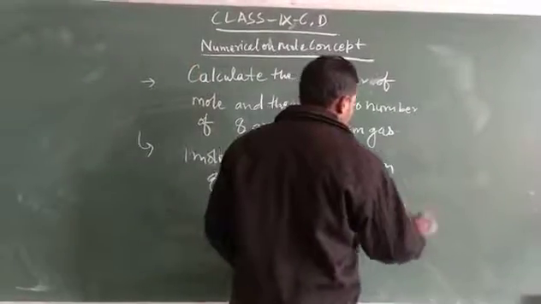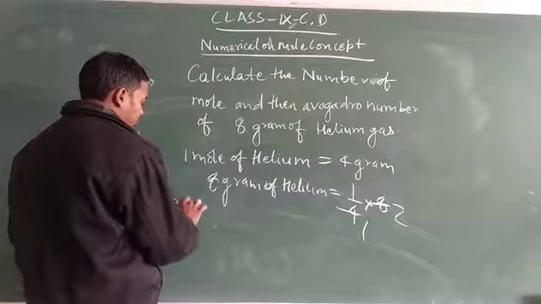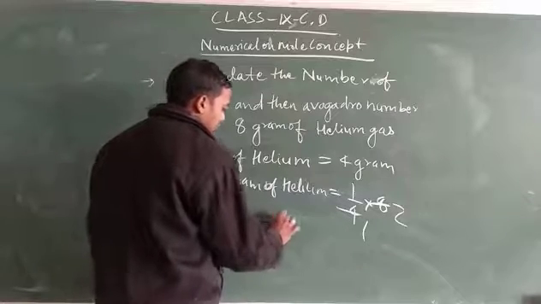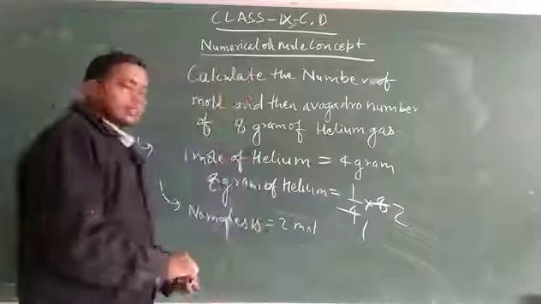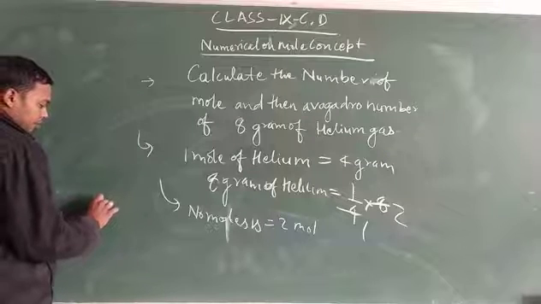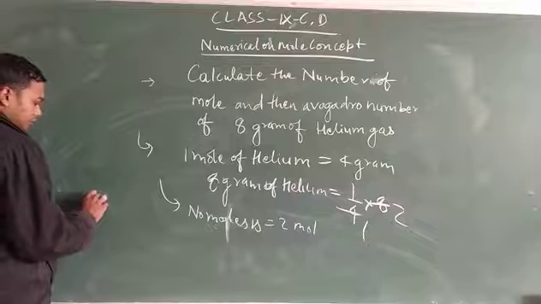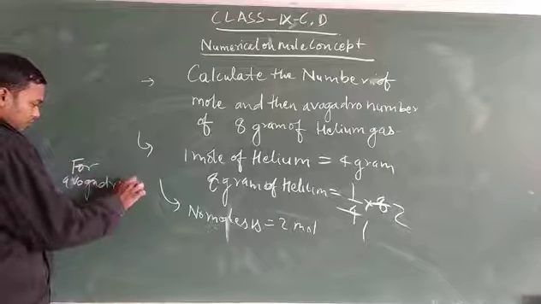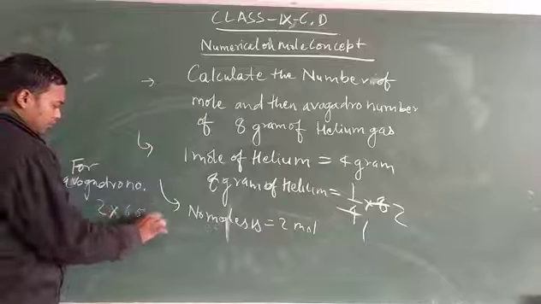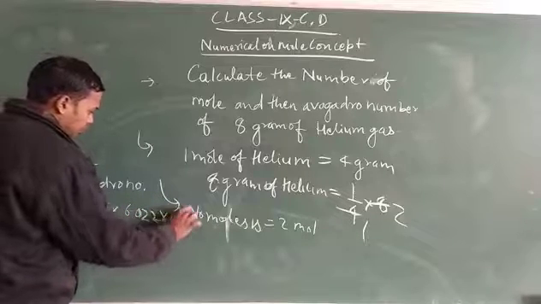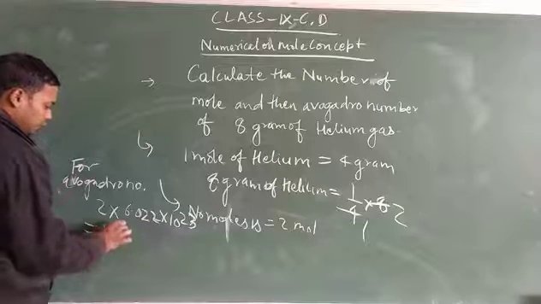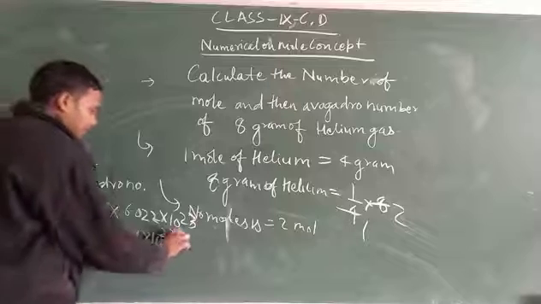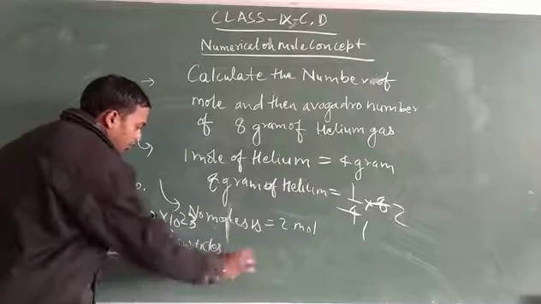That is 4 twos are 8, so number of mole is 2 mole, and for Avogadro number we multiply 2 into Avogadro number. 2 into 6.02 into 10 raised to power 23, then 12.04 into 10 raised to power 23 particles or atoms.